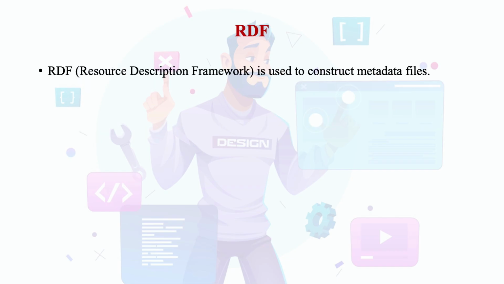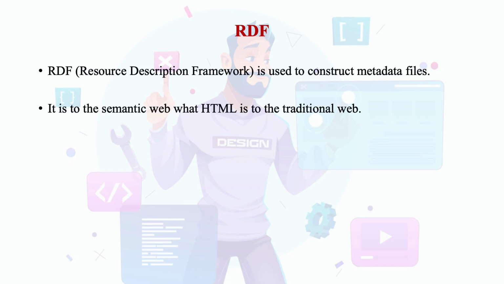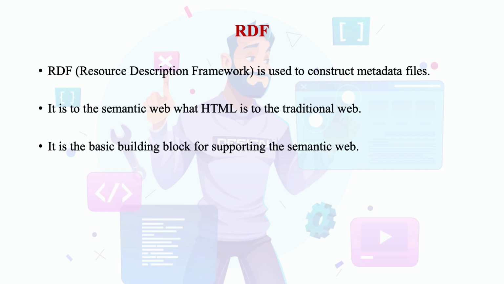So coming to the resource description framework, it is used to construct metadata files. So it is a kind of framework. It is to the semantic web what HTML is to the traditional web. It is the basic building block for supporting the semantic web. In Web 1.0 and 2.0, we were using HTML, hypertext markup language, with various versions.